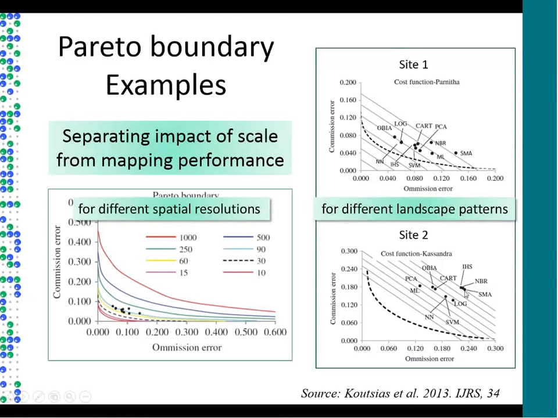You can also tell which of the classification procedures are closer to the Pareto boundary. That's what you want. You actually want to minimize that distance from the Pareto boundary to the results from the classification procedure, because that area here tells you that there's scope to improve your classification procedure. Okay?